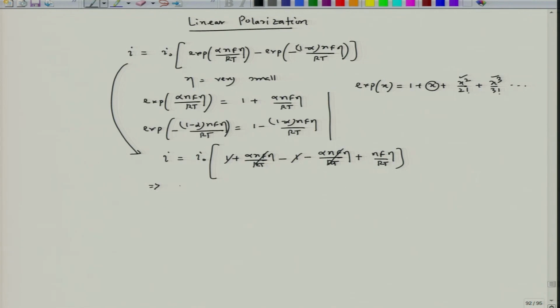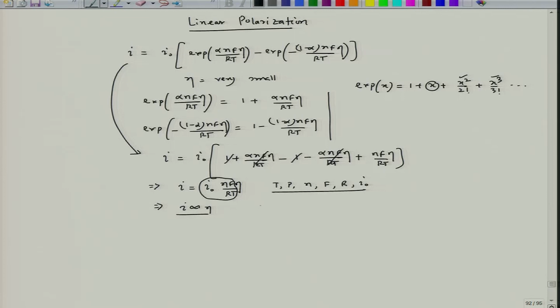Finally, I get I equals I0 n F eta by RT. If we consider fixed temperature and pressure, then F, R, and even I0 are all constant for a particular process, so I is proportional to eta.